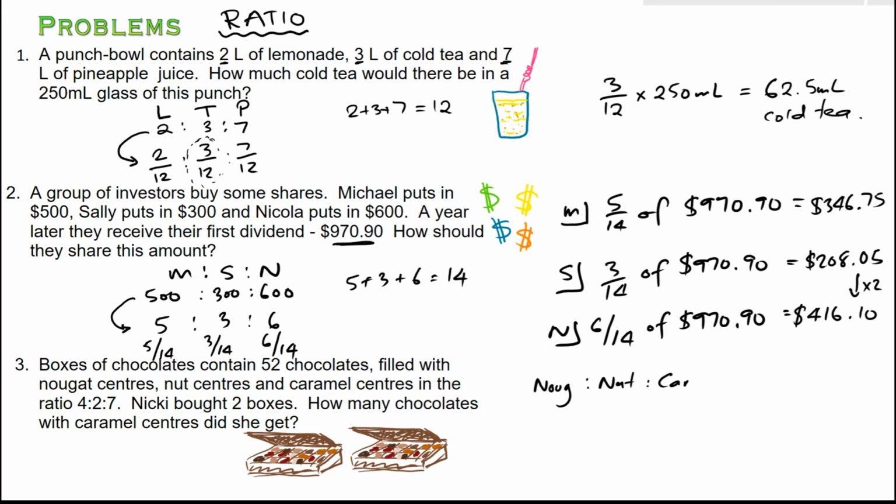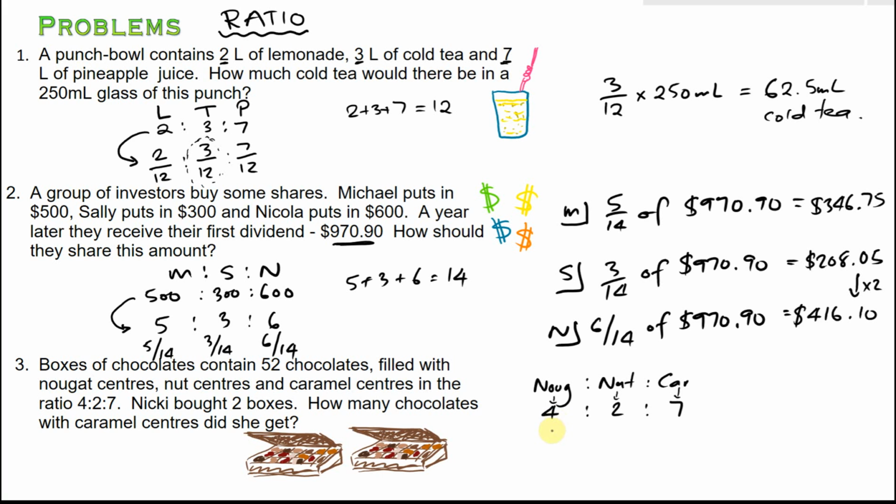So if you notice in the sentence, we've got nougat, then nut, and then caramel, and that's how we use the ratio. So if the ratio is in this order, looking at how the centres are sequenced, nougat means there are 4 parts, nut 2 parts, and caramel 7 parts.